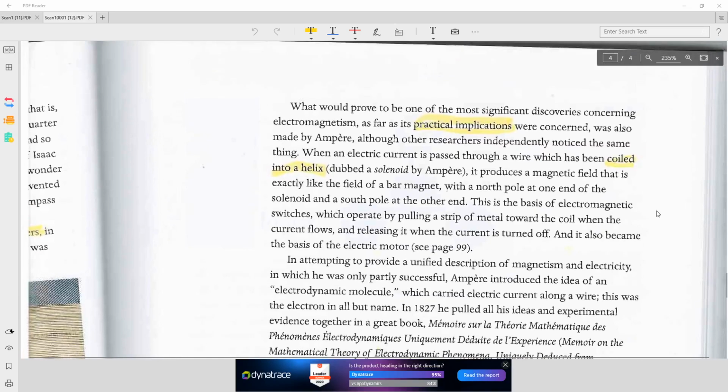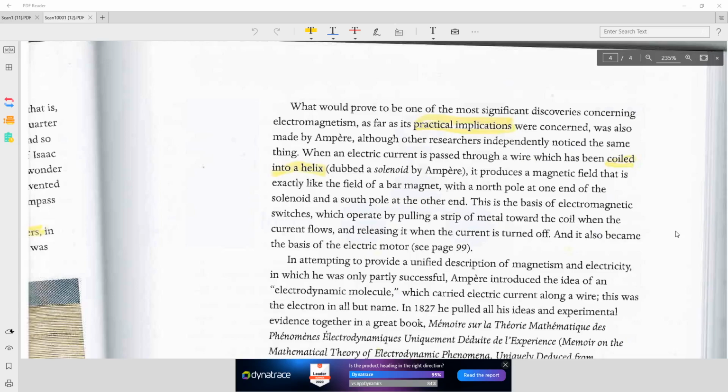What would prove to be the most significant discovery concerning electromagnetism, as far as its practical implications were concerned, was also made by Ampere, although other researchers independently noticed the same thing.